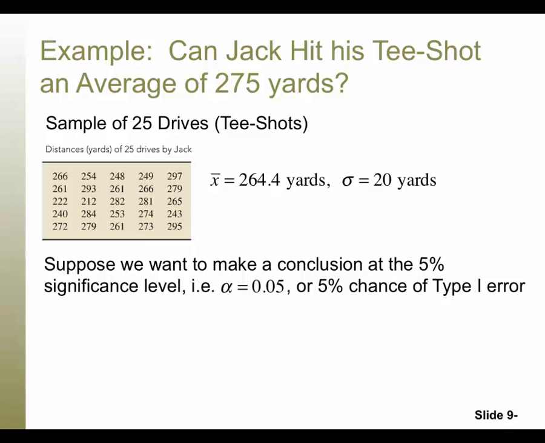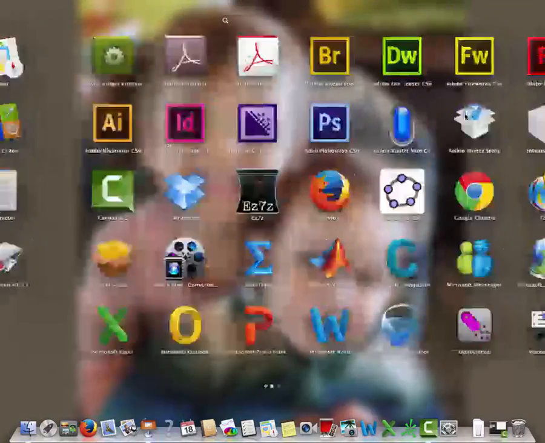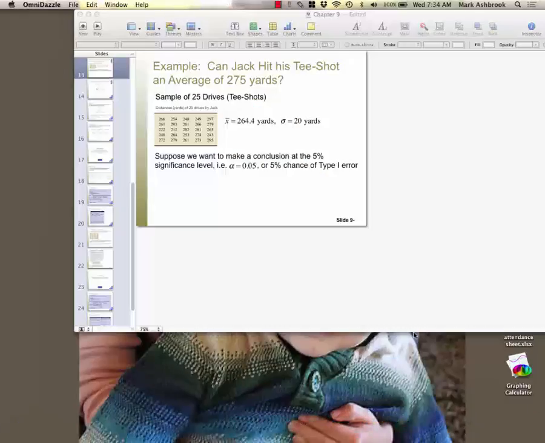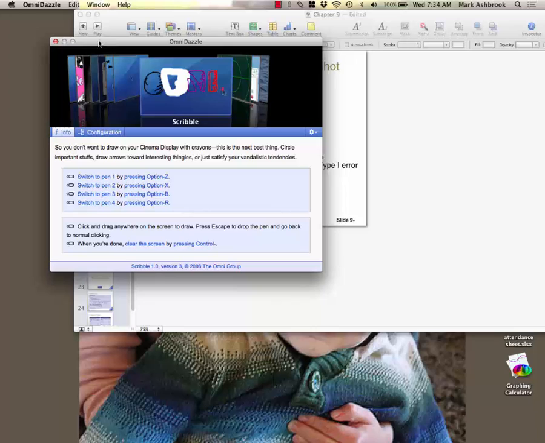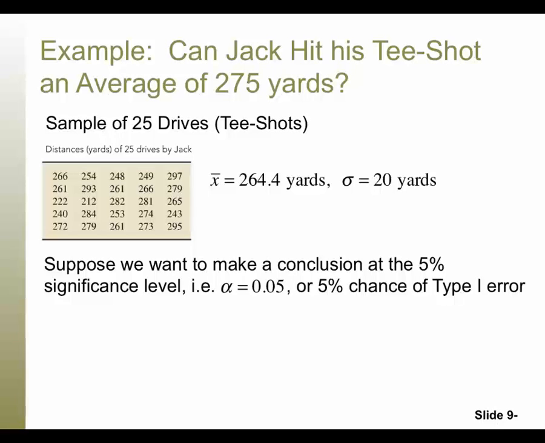Can he hit his tee shot and average 275 yards? He claims he can. His friend says, no, you can't do that. So he hits 25 drives, and he gets a sample mean of 264.4, and the standard deviation of the population is 20 yards.